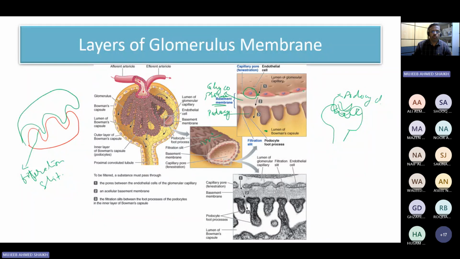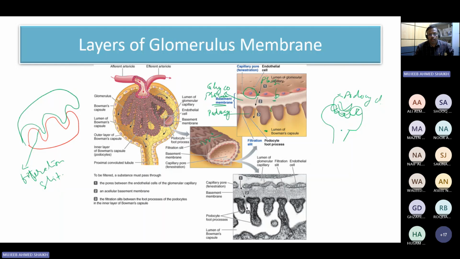This picture shows how the plasma is filtered. Plasma is here on this side. Then it will pass through the fenestration, the gap between the endothelial cells. Then it will reach the basement membrane, which is glycoprotein. Then it will pass in between the two podocytes, that is called a filtration slit, and then it will reach the lumen of the Bowman's capsule.